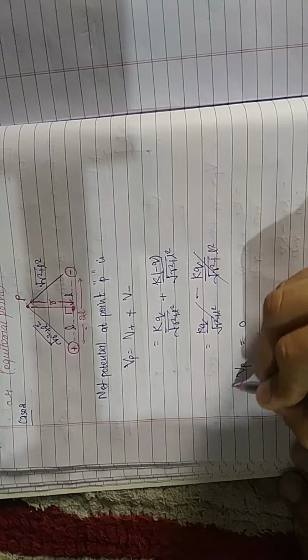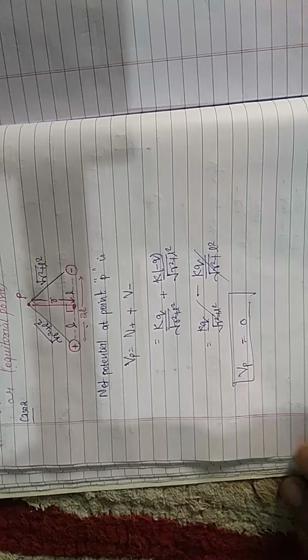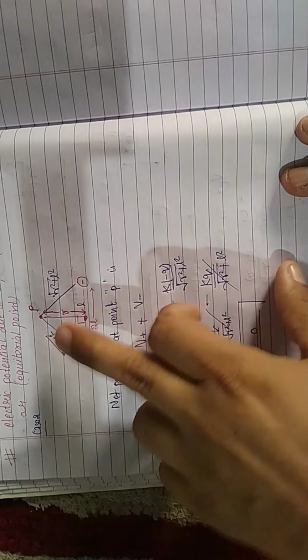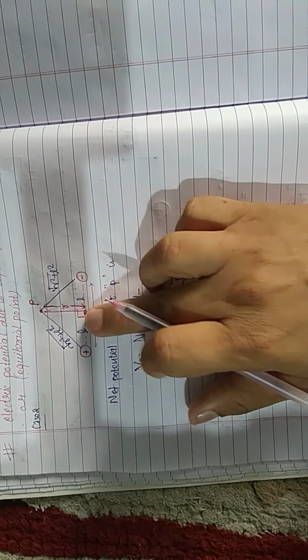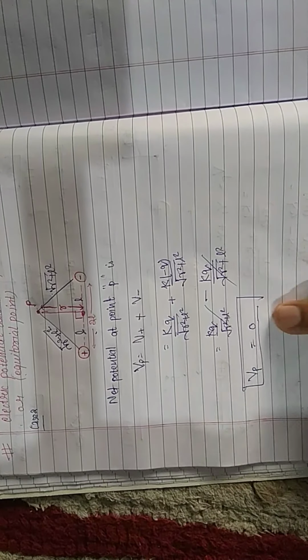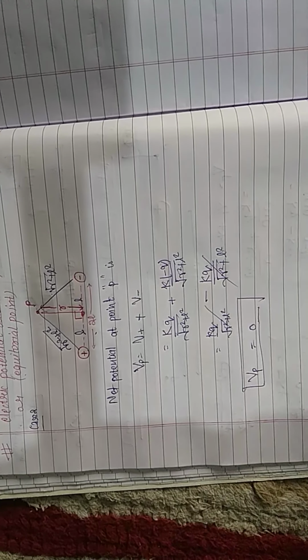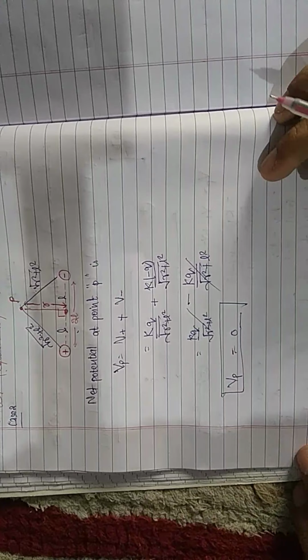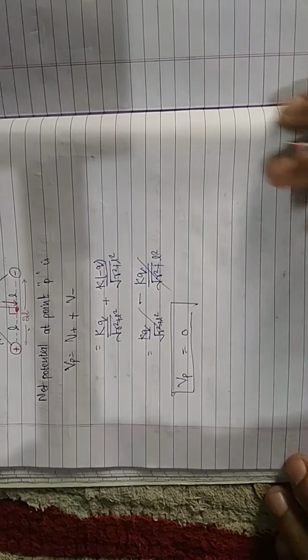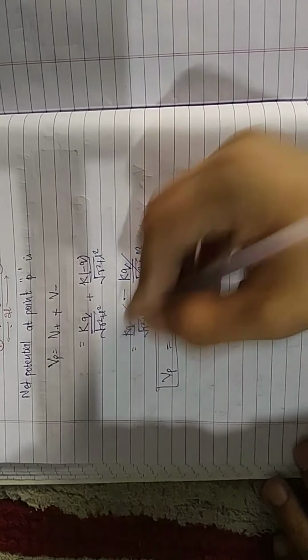Now students, this is a very interesting case. Electric potential at point P at equatorial distance, or we can say in the equatorial case, the potential is 0. Now students, try to understand in a slightly brief manner. What is the meaning of this?